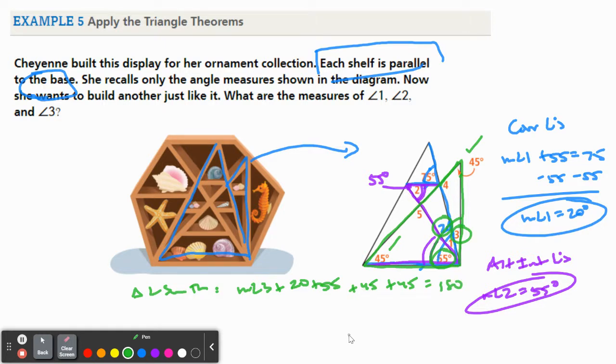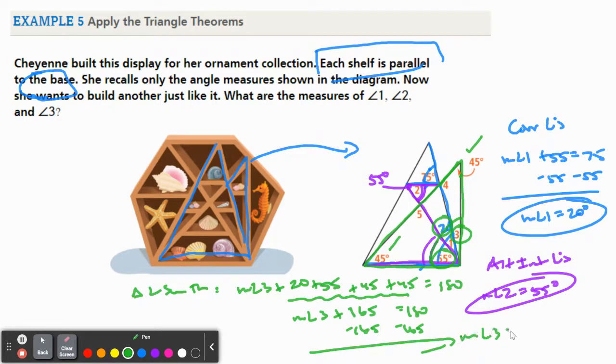Again, we're combining multiple angles, but it's just the 3 corner angles of that green triangle. If we combine all of these like terms, 20 and 55 is 75, 45 and 45 is 90, 75 and 90 is 165. That equals 180, and we subtract 165 from both sides, and we get that the measure of angle 3 is 15 degrees. And there we go.